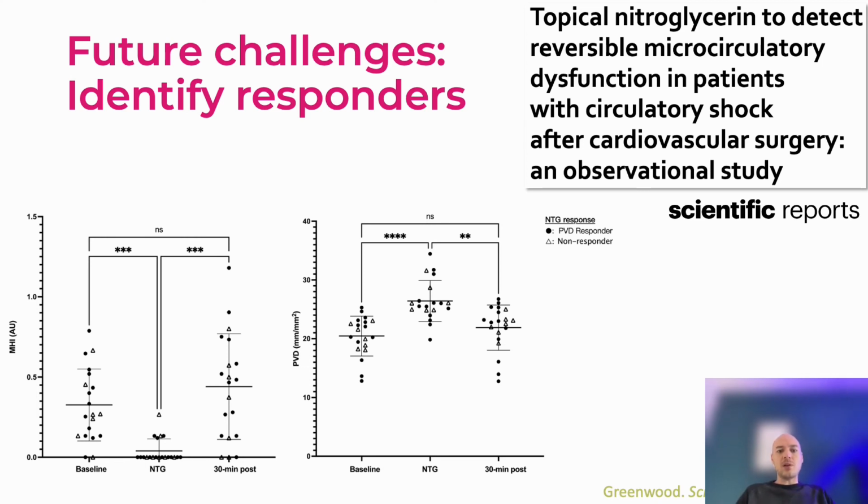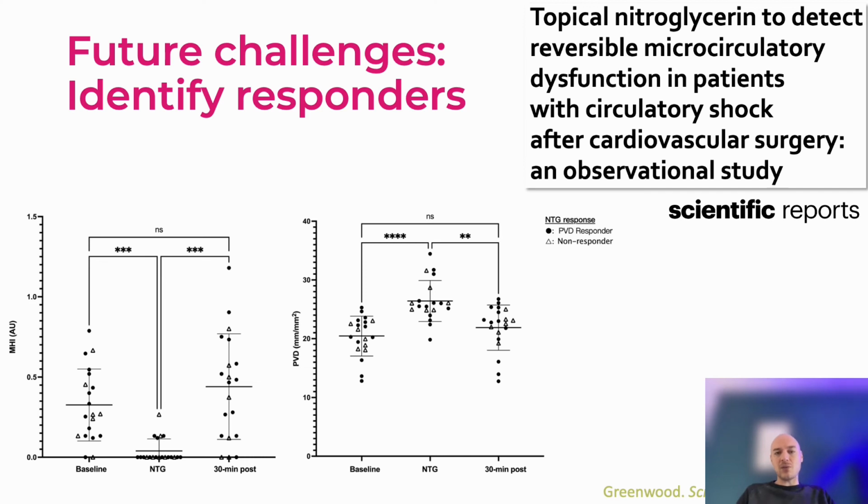One of the striking results is that nitroglycerin can identify responders and non-responders in terms of heterogeneity and perfused vessel density, while all patients had similar macrohemodynamics and especially CVP.